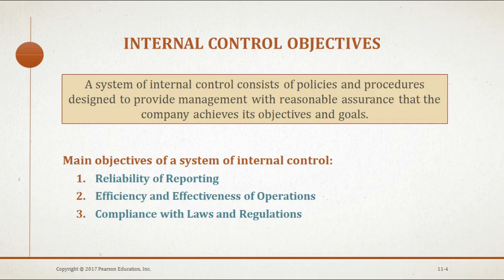Collectively, these policies and procedures make up the entity's internal controls. Management has 3 main objectives in designing an effective internal control system, which are reliability of reporting, efficiency and effectiveness of operations, and lastly, compliance with laws and regulations.